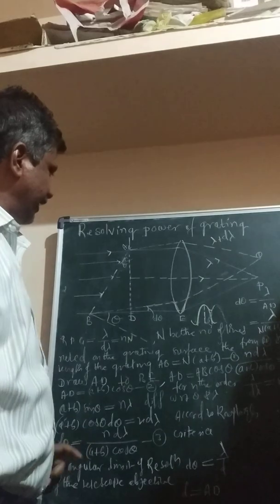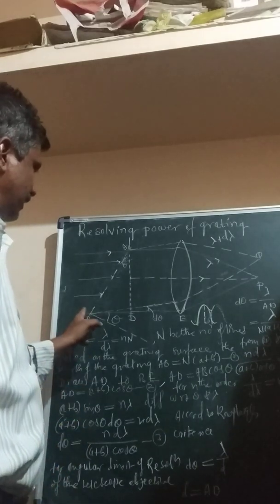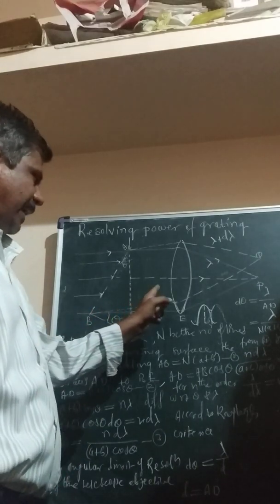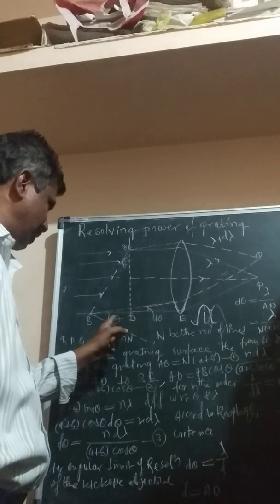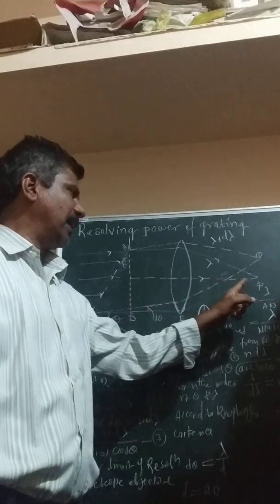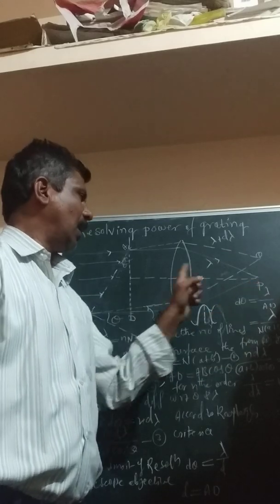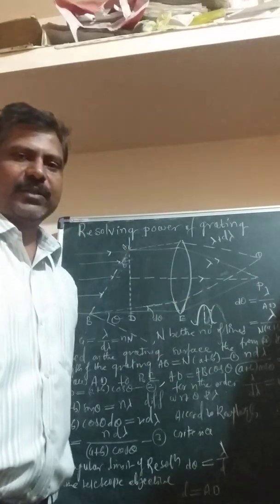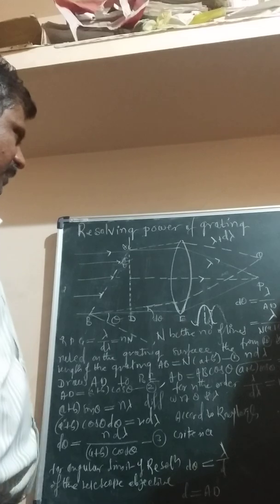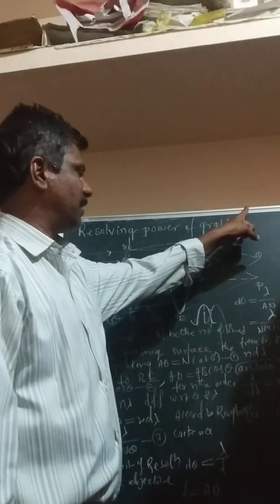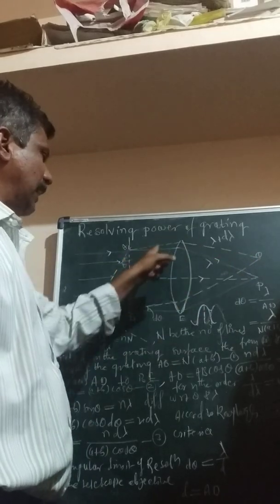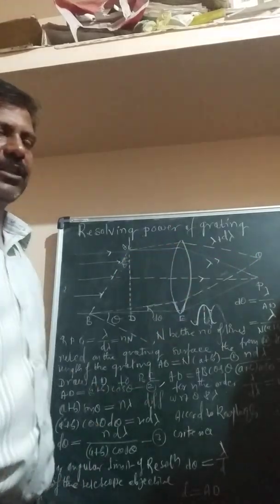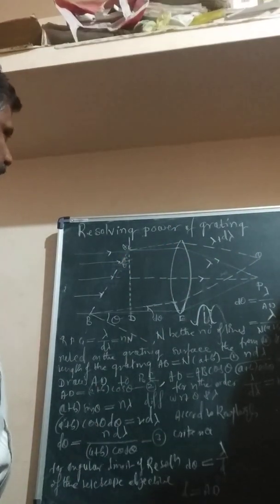These images are formed on the screen at the focal plane of the objective of the telescope.